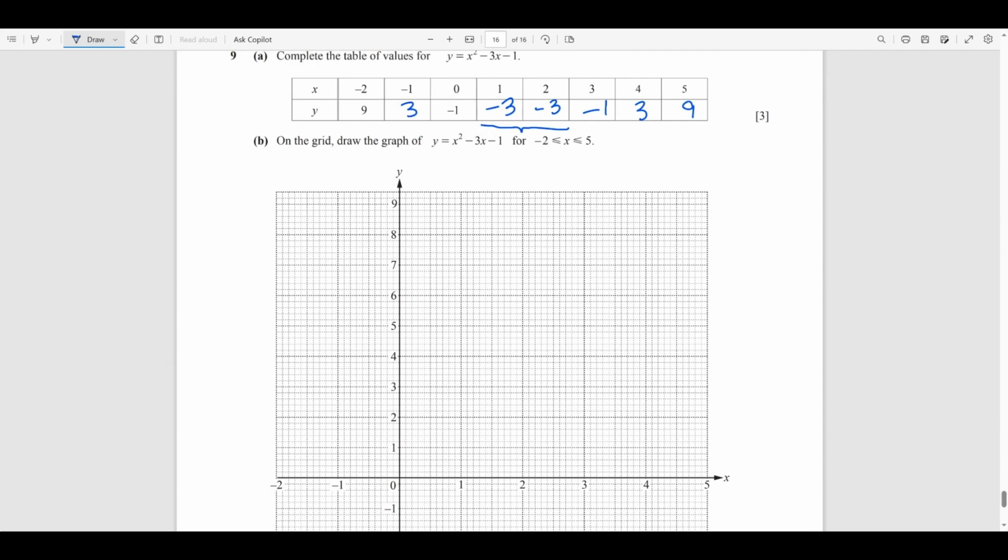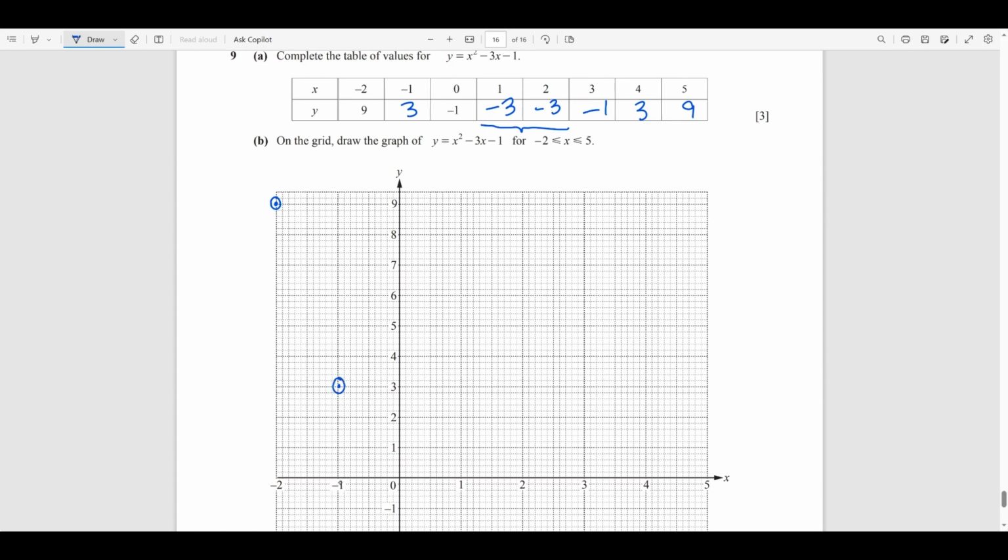Right, so -2 and 9. So the value of x is -2 and the value of y is 9. So my point is here. The next value I want is x is -1 and y is 3. This is my point.